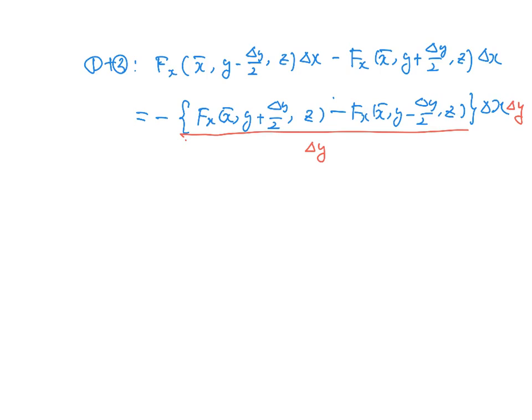But what is this? It's a partial derivative by delta y, right? So we can write it as minus partial fx over partial y, at x bar and some point y bar, z, times delta x delta y.